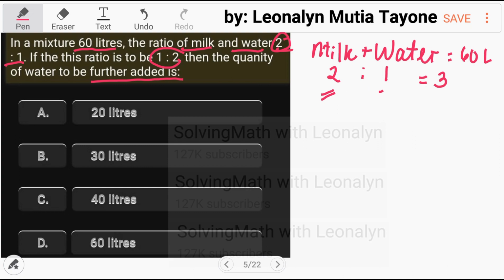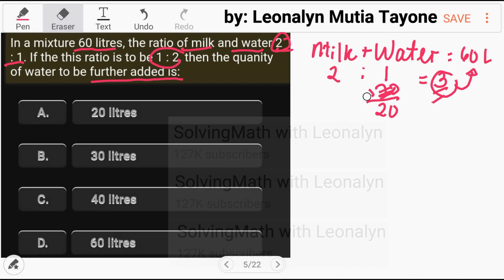Dalawa sa milk, isa sa water, kaya 3 lahat. Itong 3 na to, yan yung pang-divide mo sa 60. 60 divided by 3 is equals to 20. So 20 times 2 is equals to 40. 20 times 1 is equals to 20.